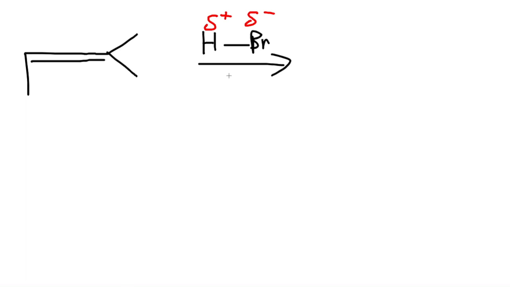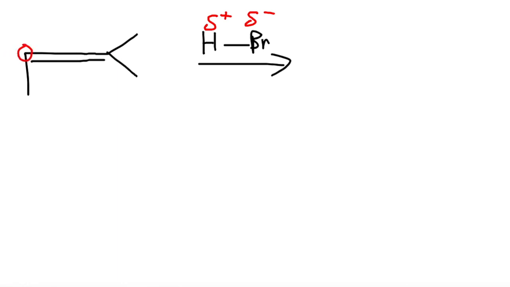In this case, there's nothing written underneath, and this looks like a regular Markovnikov. Going back to our definition, the positive element will get placed on the carbon that has the most hydrogens.